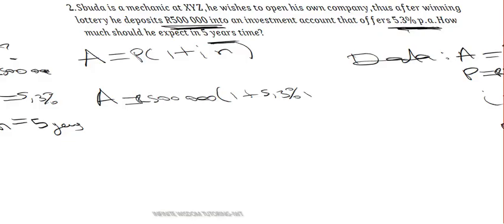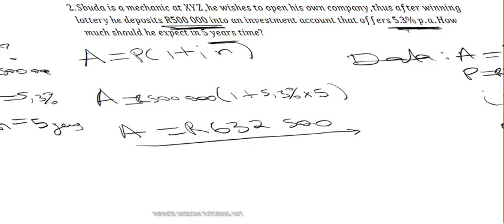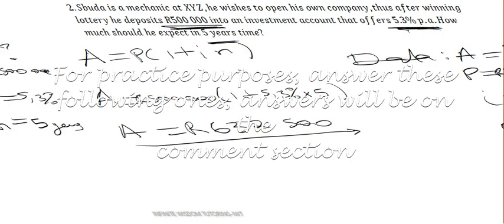And then we multiply it by the number of years, which is 5 years. And then at the end of the day, we will get an amount of 632,500 rand. But this is not the final answer. We should not end here. Remember, we need to read the question for the third time for the sake of conclusion.